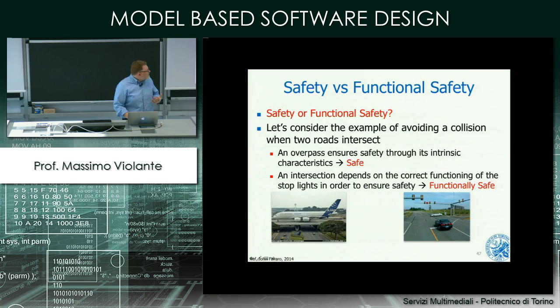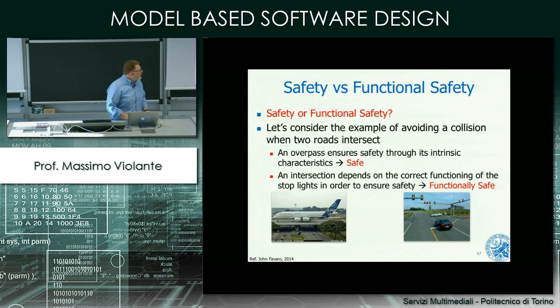So, in order to avoid harm to the driver and the passengers, we add a functionality to this crossing that is the traffic light. The traffic light provides a functionality that is responsible for guaranteeing that nobody gets hurt when traversing that crossing.